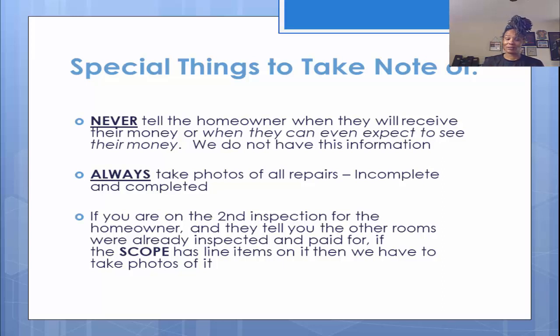If your list of repairs has line items on it for a certain repair, then we have to take photos of it. There have been times where I went out the first time, and the next time I came out, the homeowner said, "Oh, that room is done." The door is closed and locked. The homeowner didn't want me to see that the room was actually not complete.